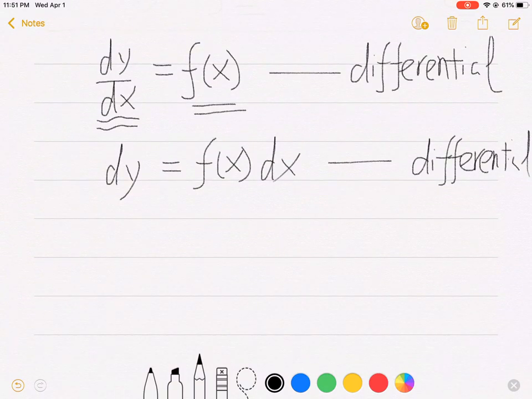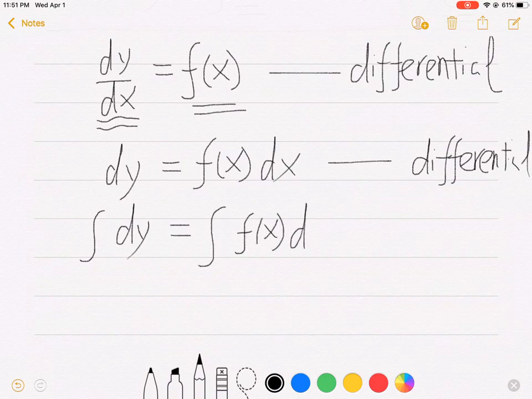So what's the next step? We take the integral on both sides. What is the left side? Here is the convention: if there is no number here, that means there is a 1.